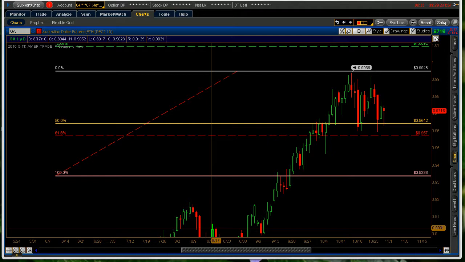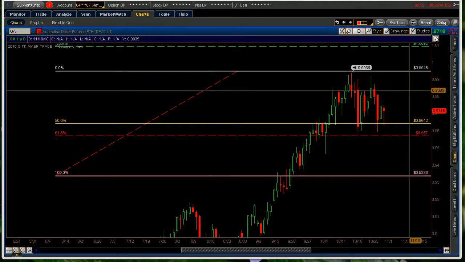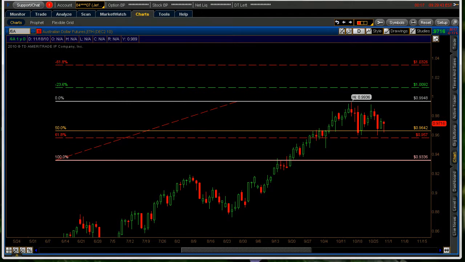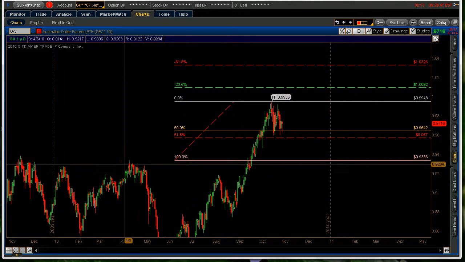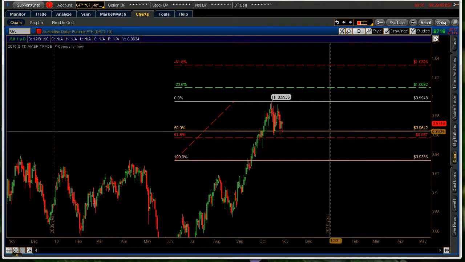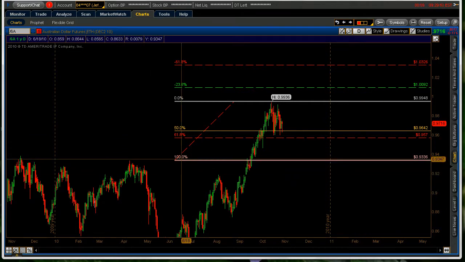Here in New York, we're taking a look at the Australian dollar futures contract. We took note of it last evening in the video, talking about its longer-term bullish chart pattern and the potential upside from these current levels. As a review, I've put up the extension.